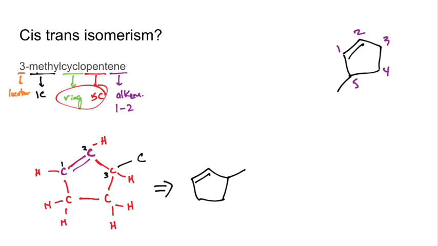When we look at that numbering that we've now put onto that structure, okay, it was an arbitrary numbering system. When we look at how we number our ring when it comes to nomenclature, the alkene does absolutely get numbered 1 to 2. But it could just as easily have been numbered 1 to 2.